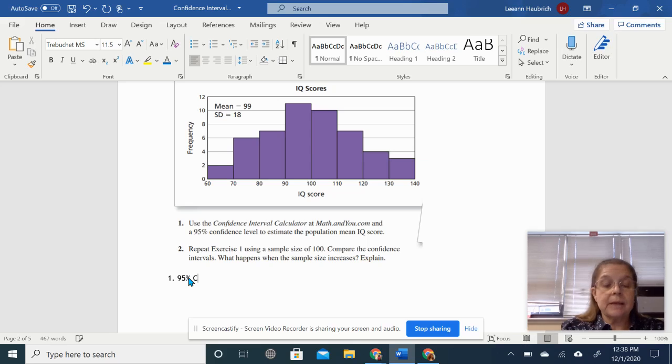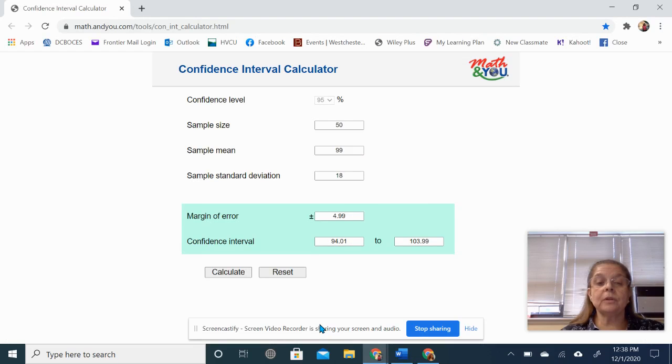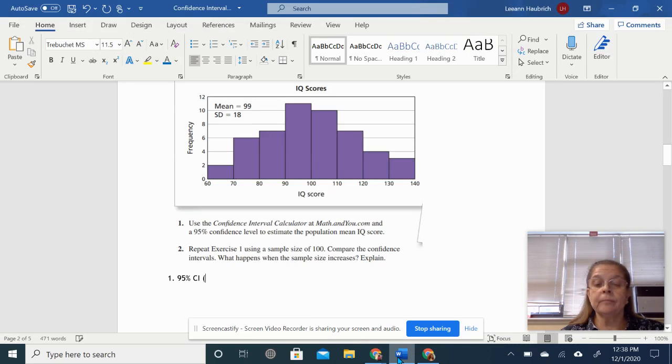95% CI. And I'm going to open a set of parentheses for the low value so we can see what this looks like. The low value is 94.1. Going to use a comma to separate the upper value.